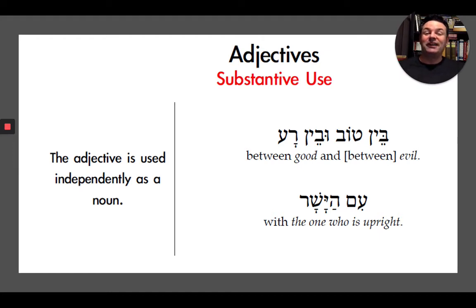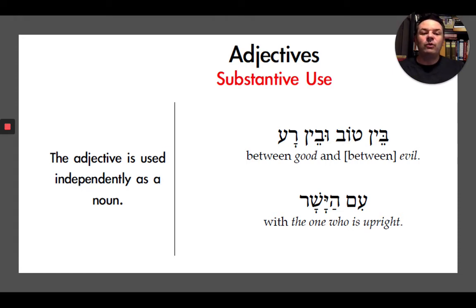So Hebrew is really repetitive in the way that it represents things. It's going to use that word between twice. This is very common. And when we translate it into English, we almost always drop out that second one. But if it ever says between something, it'll usually use the word between twice.